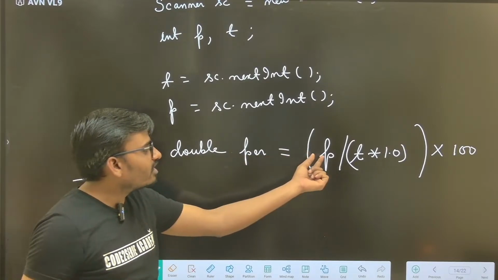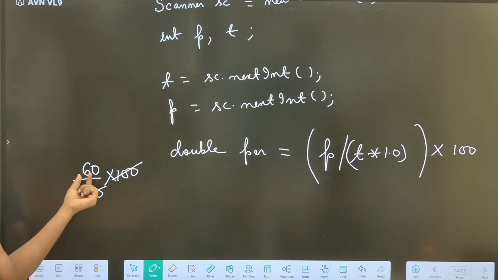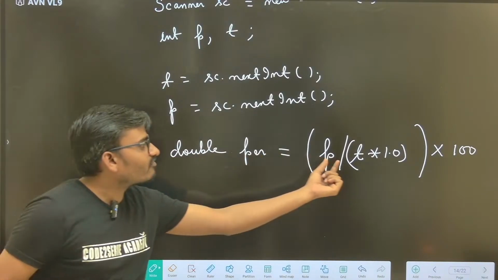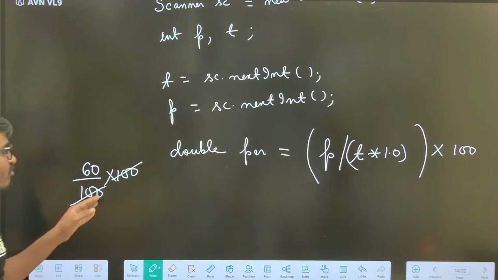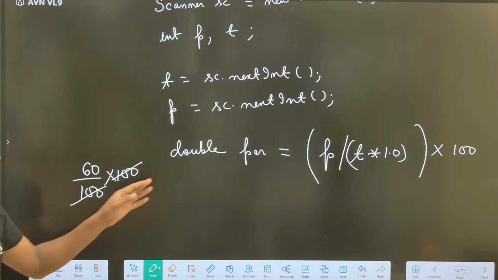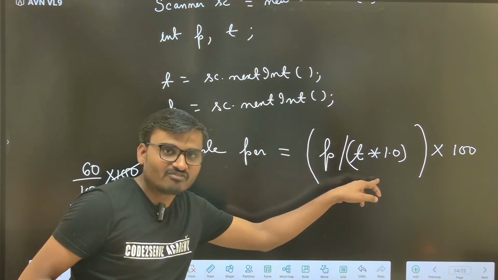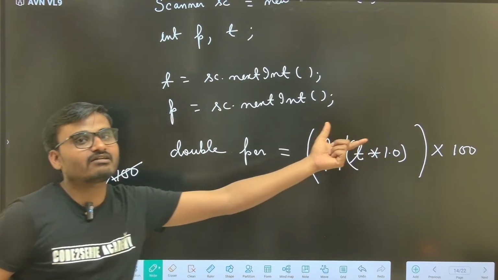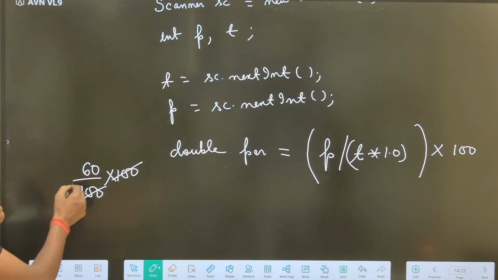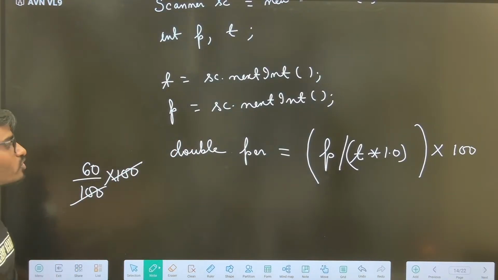Similarly, this was the total number of classes you attended, this was the total number of classes held, and we multiply this with 1.0 to convert the number into decimal form, and then we multiply the result with 100. So now we got the percentage.